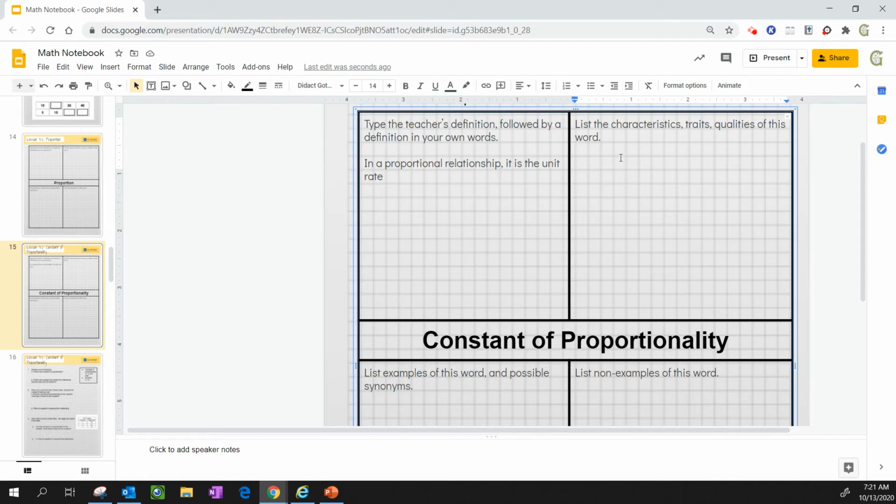Okay, so characteristics, I'm going to put a couple in here. So one thing to know is that it is sometimes called K. So if you see the letter K that's kind of abbreviated there, you'll know that that's going to be your constant of proportionality.